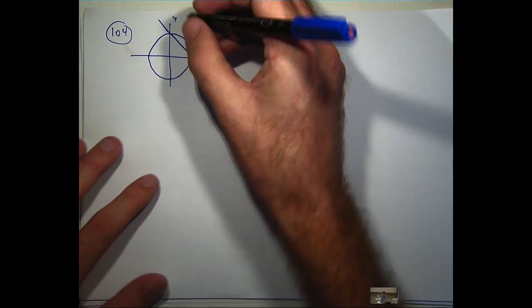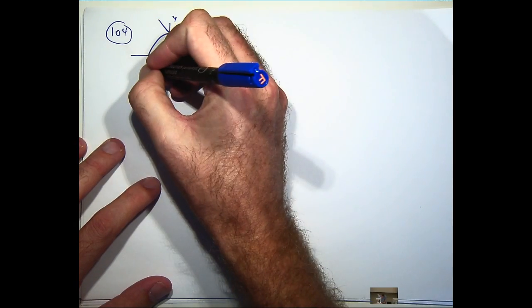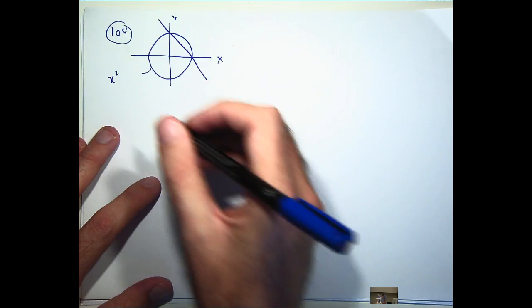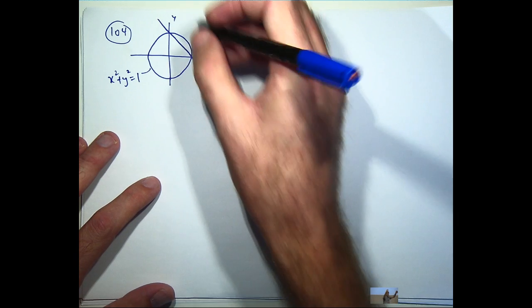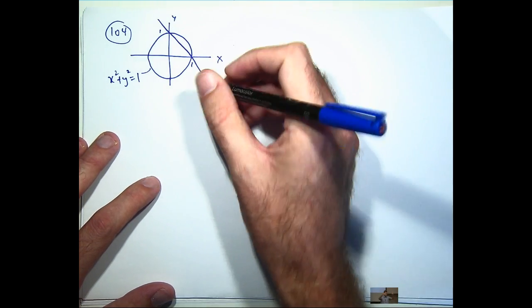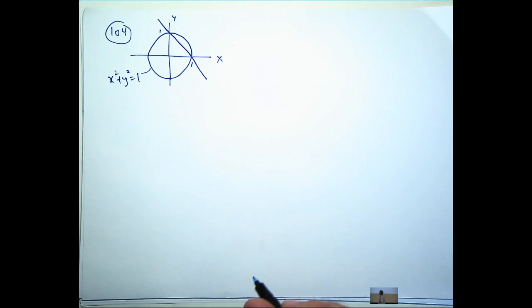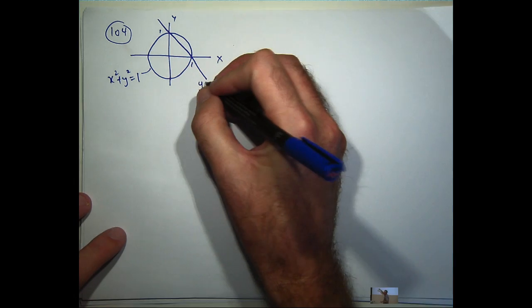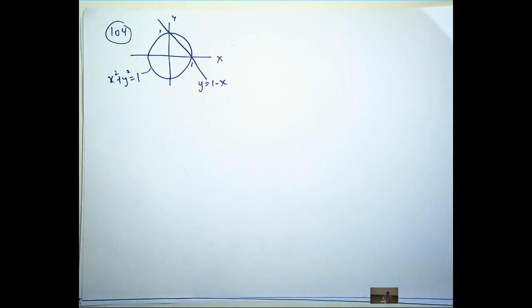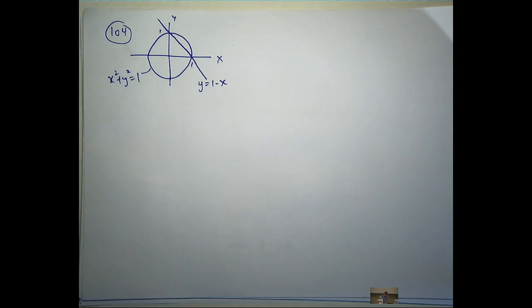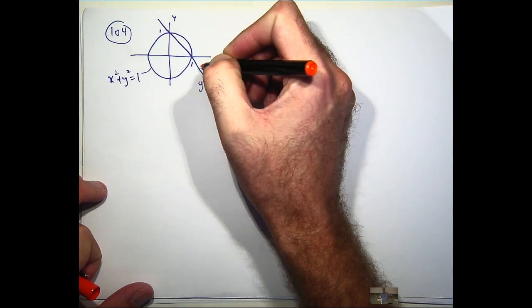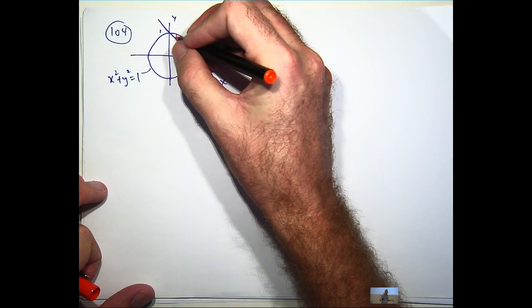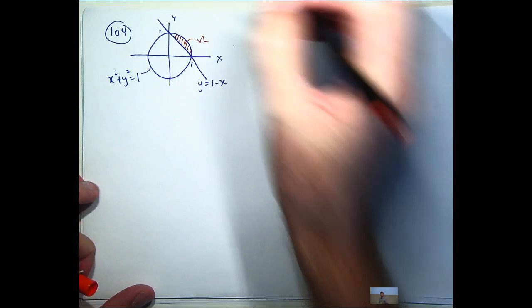So this is the curve x squared plus y squared equals 1, the circle, and this is the curve y equals 1 minus x, or x plus y equals 1. So the region of interest then is bounded above by the circle and bounded below by the line. So it's just this little region here.